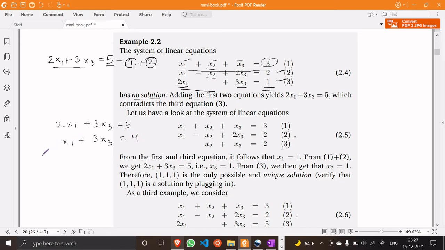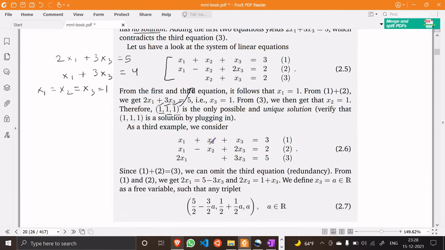On proper subtraction, elimination, and then substituting, the idea is not to solve the equation, but to verify that we get the solution x1, x2, x3 all equal to 1. So as the book mentions, (1, 1, 1), where the first value is x1, the second value is x2, and the third value is x3, is the only solution to this problem. So in this case, the system of linear equations had a unique solution, which is (1, 1, 1).